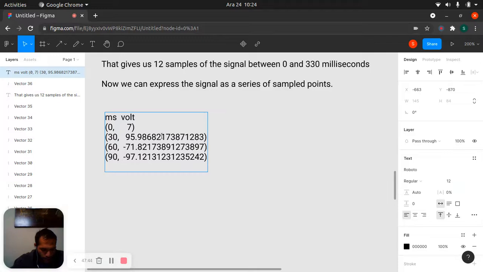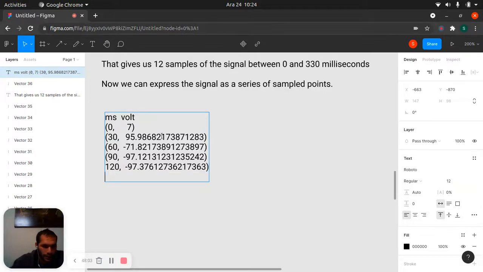The other one will be 120, and there will be some number.